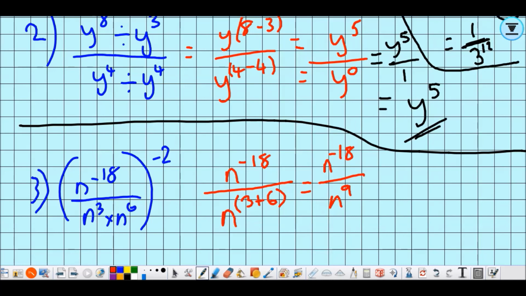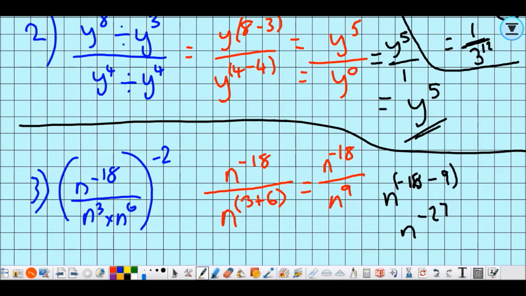Now remember, we're dividing this down again, so if it's dividing, I'm going to subtract the powers. So that's going to give me n to the negative 18, and I'm going to subtract an additional 9 if I'm dividing it. That's going to give me n to the negative 27.